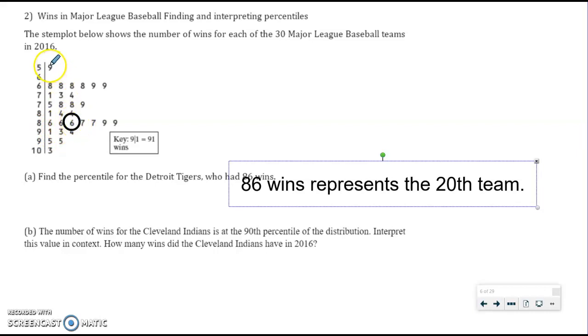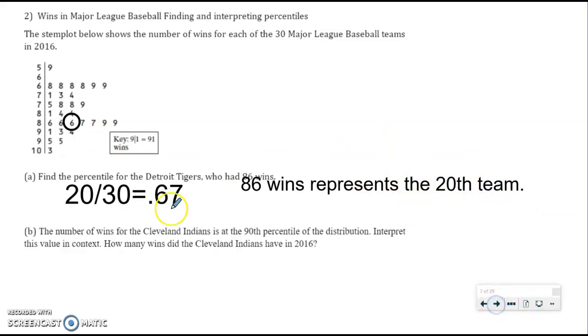If I count from 59 all the way to 86, I know that represents the 20th team. So I'm going to take 20 and divide it by the total number, 30. It's approximately 0.67, like 0.666667.